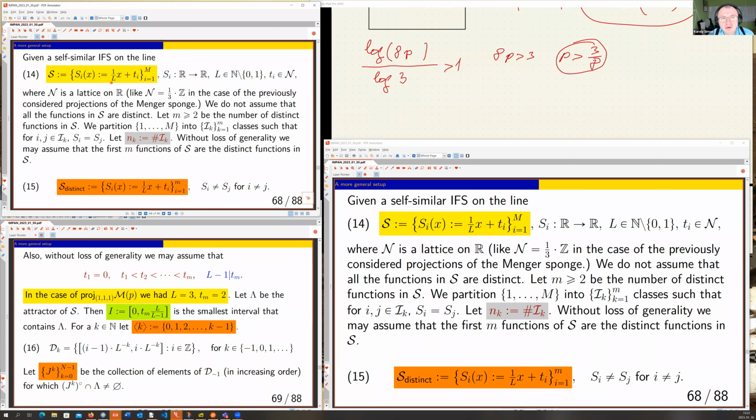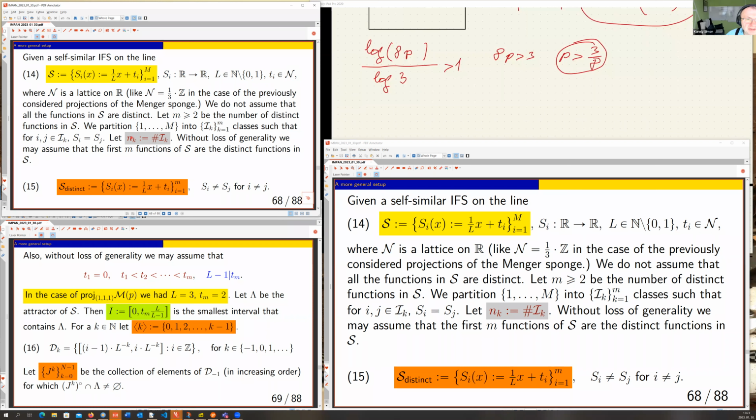So this multiplicative part is the same, and this is a reciprocal of an integer, and t_i is from a certain lattice, but after rescaling, we may assume that these are just natural numbers.